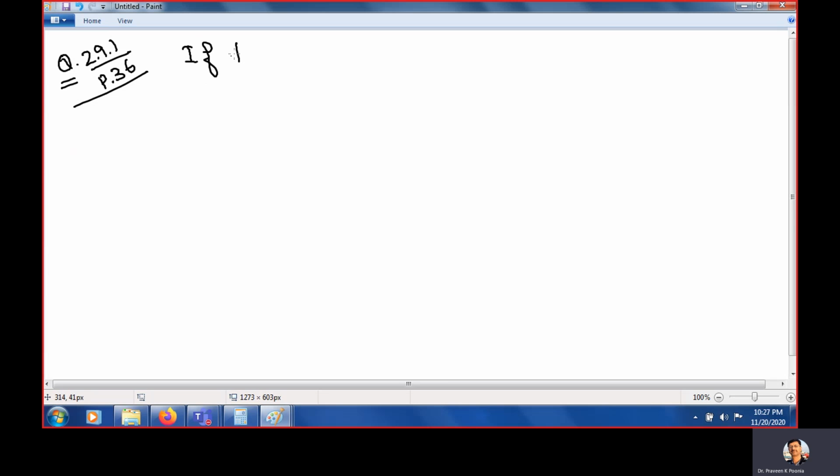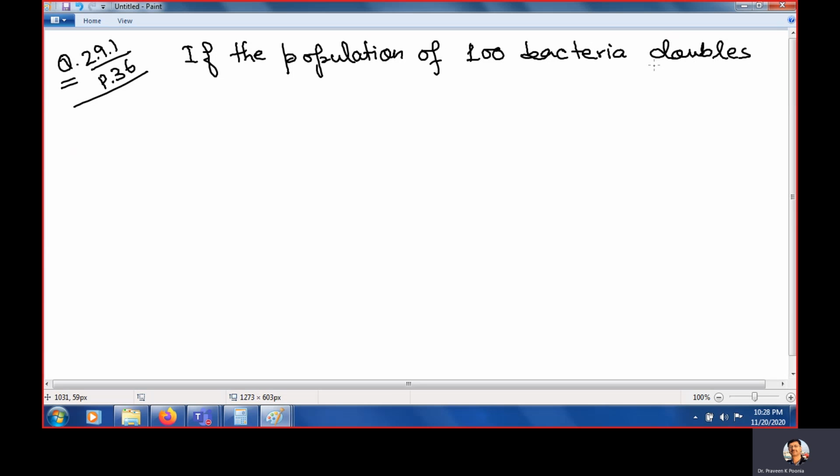If the population of 100 bacteria, now you listen, 100 bacteria, this is the initial amount, doubles, means exponential function with base 2, doubles every minute. Doubles means every minute. Clear?